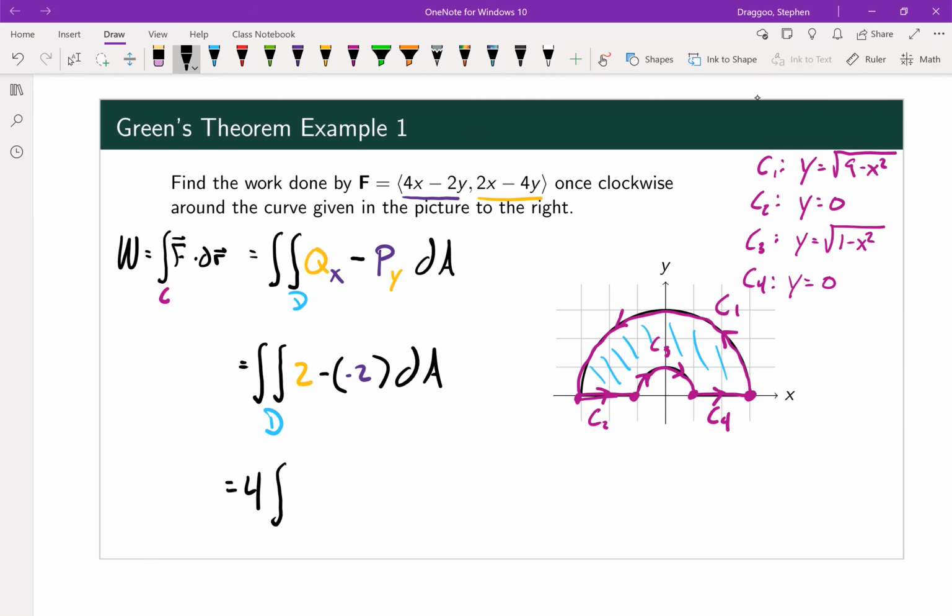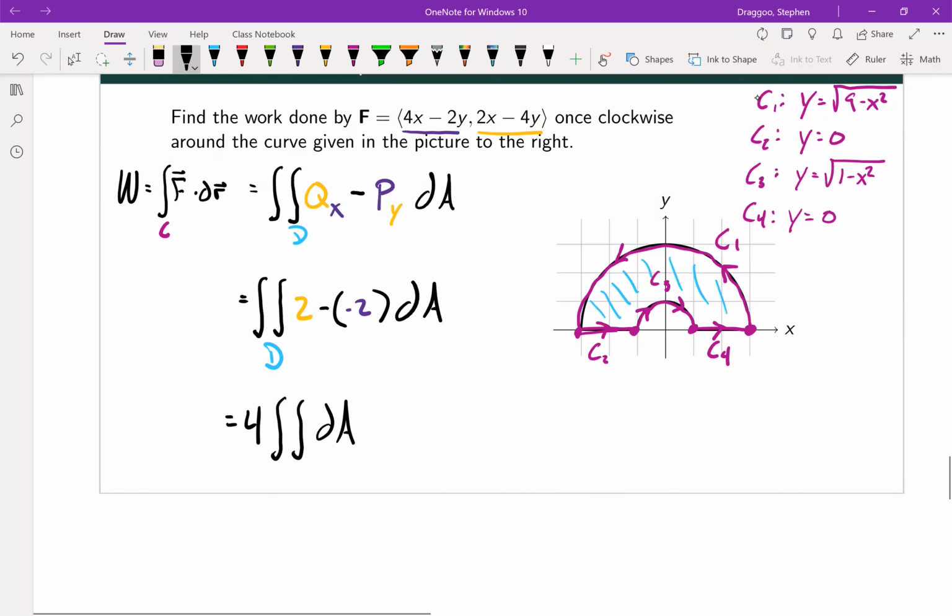times the double integral of dA. And here's where we'll actually need to take some integral. But since we're working with mostly curved surfaces, like we've got 2 circles in that region that we're looking to integrate over, it looks like it's going to be way nicer if we convert this thing to polar coordinates and then run some integral there.